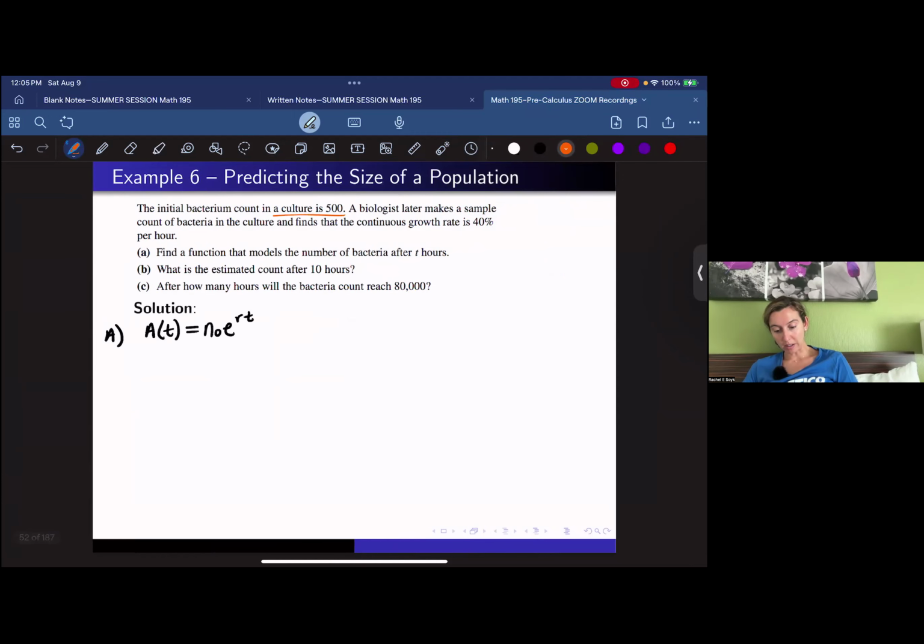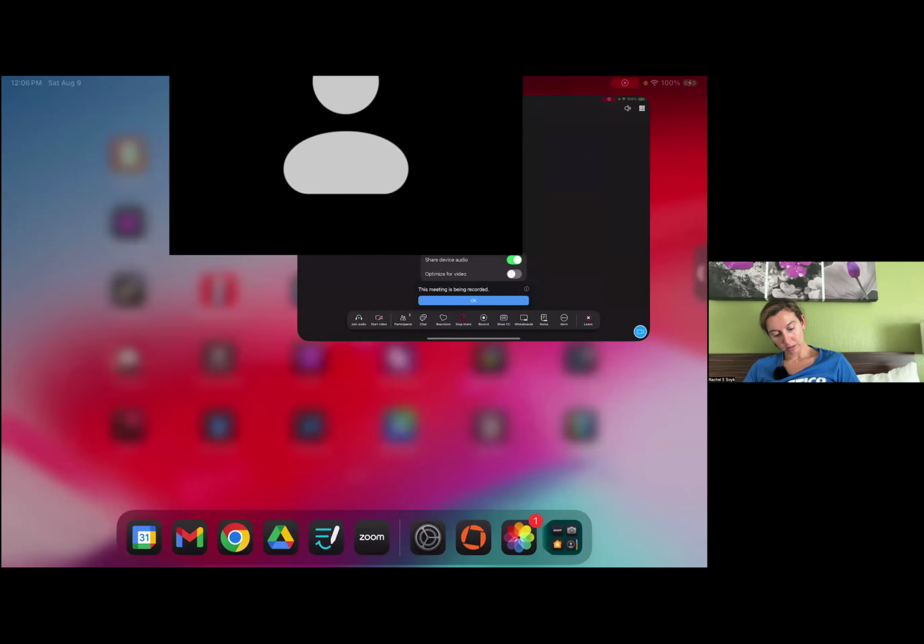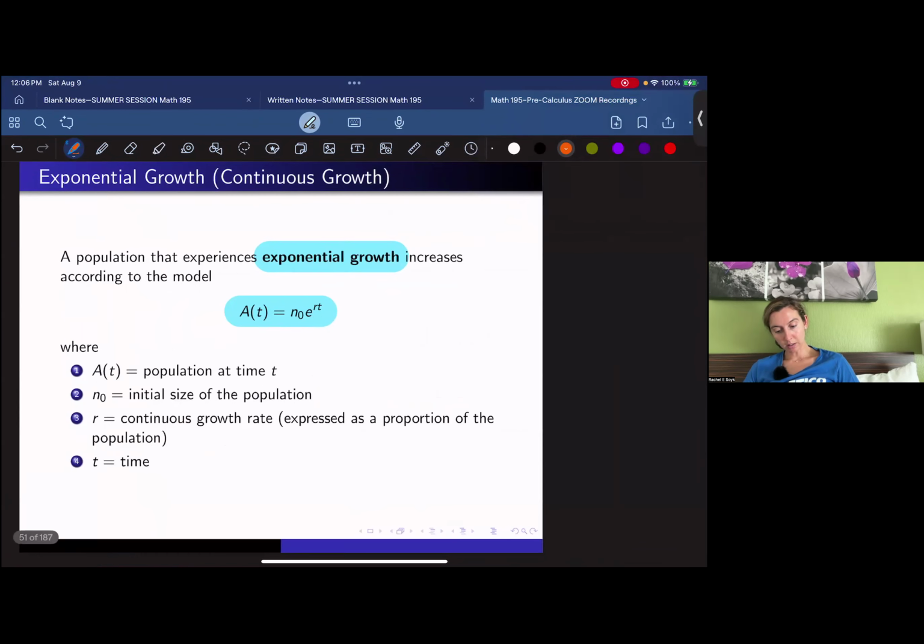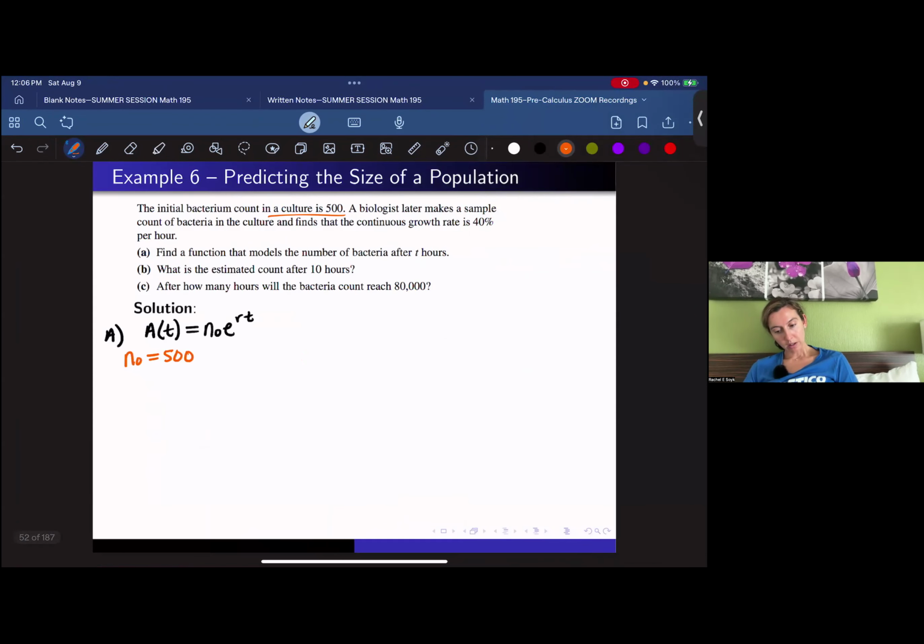We have our initial bacterium, our n sub 0 is 500. It says a biologist later makes a sample count of bacteria in the culture and finds that the continuous growth rate is 40% per hour. So units equal hours.